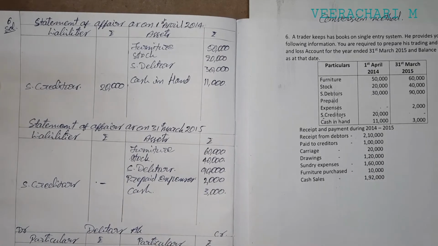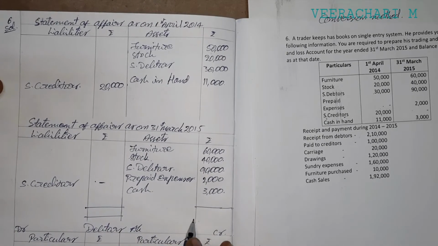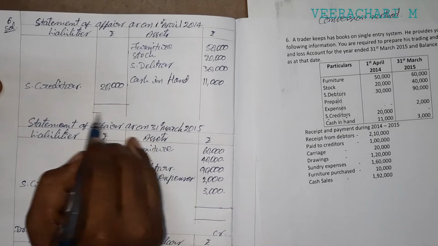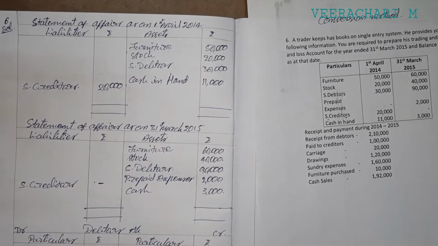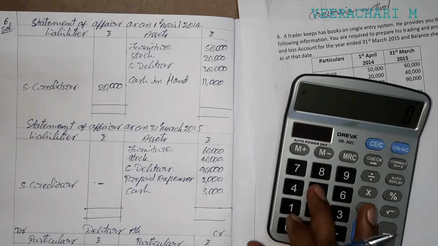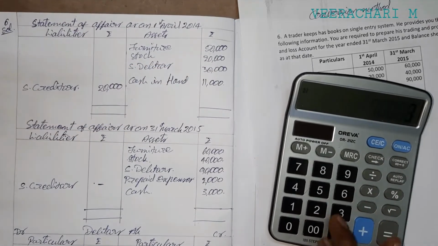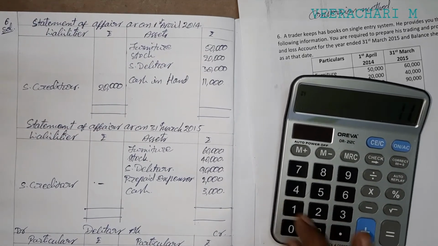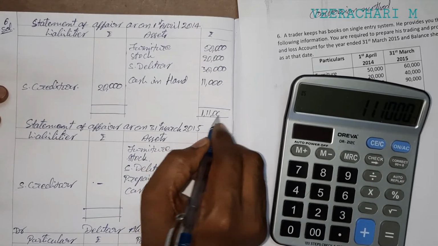With this information you can compute opening capital and closing capital. So that is 50,000 plus 20,000 plus 30,000 plus 11,000, which is equal to 1,11,000.